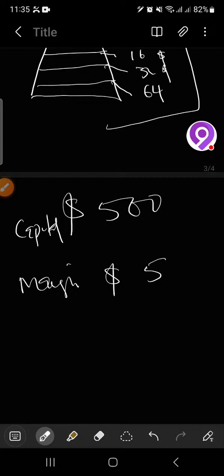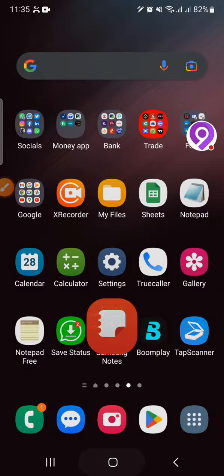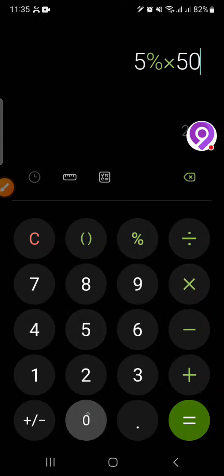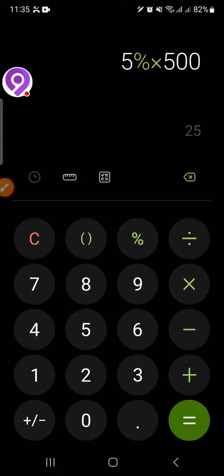Now, out of this 500, let's see how much is ideal for you to expose. Let's say you want to expose 5% of 500, that's $25, right? Or let's even reduce less than that. Let's say 3%. That's $15.